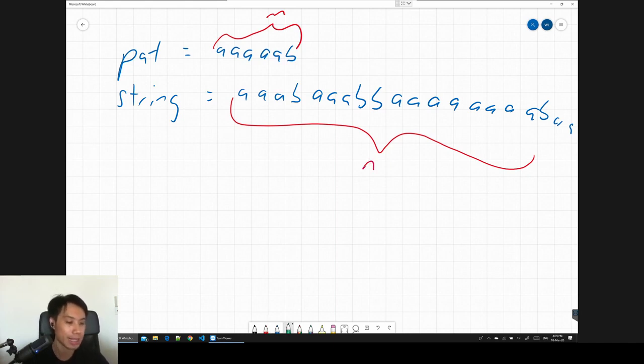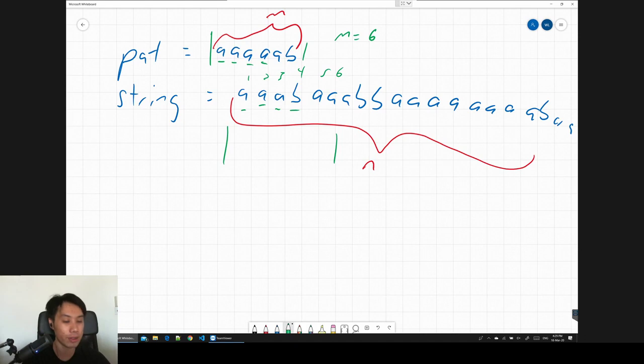In the most naive implementation of all, you're going to be aligning your pattern with your string. So 1, 2, 3, 4, 5, 6, m equals 6, and here is where my alignment is. Then you compare characters by characters to see if they are the same.